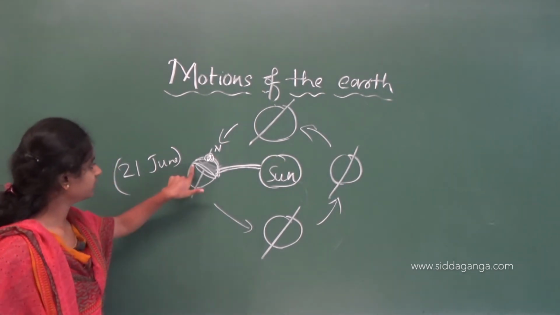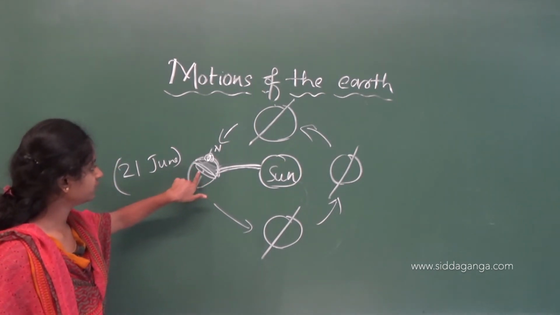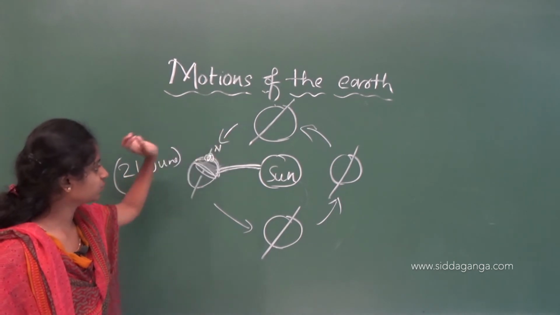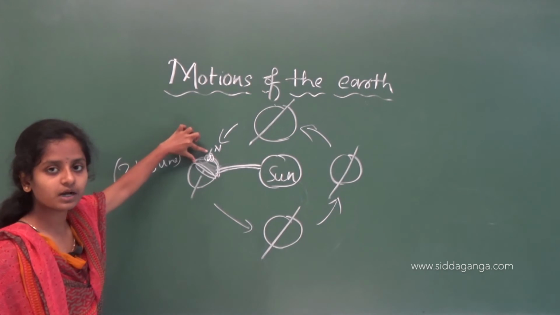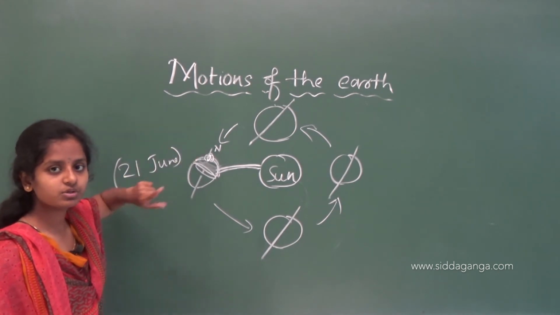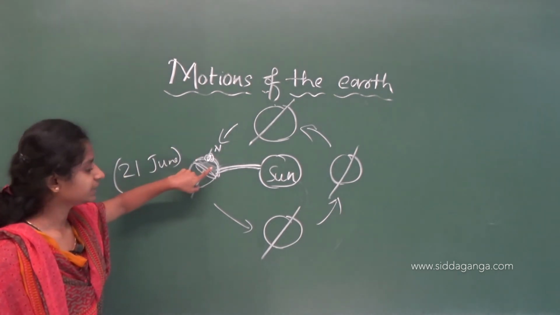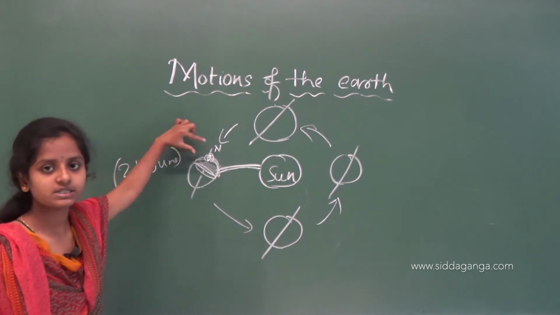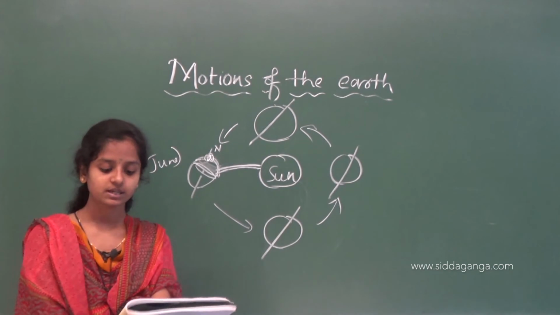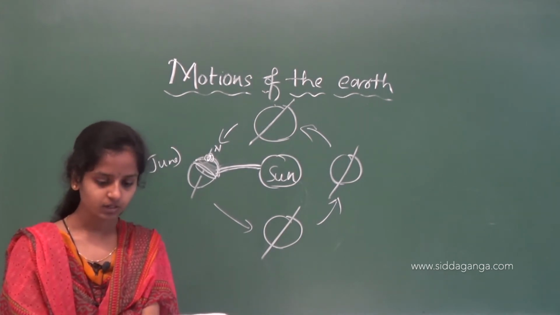So here it will be the equator, and this portion is tilted towards the sun. So this northern hemisphere will be summer for about 6 months, because it is receiving heat.